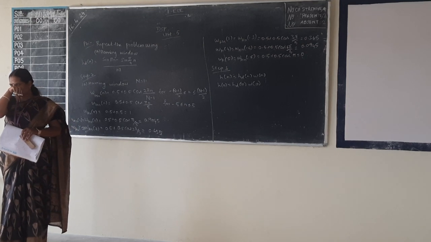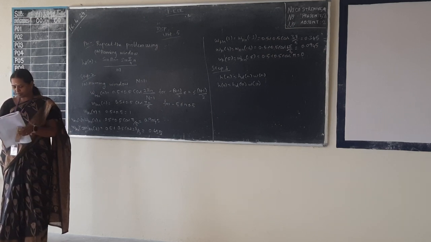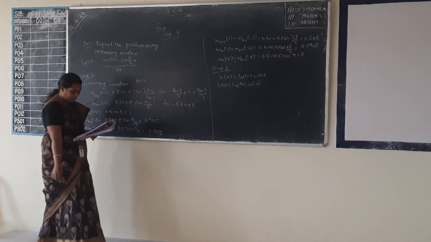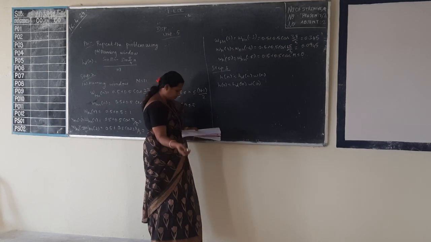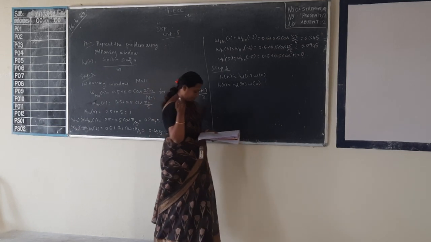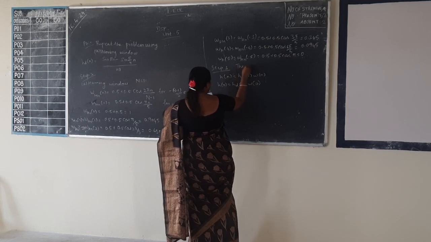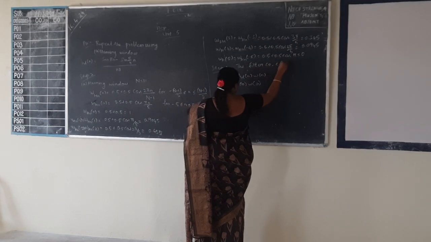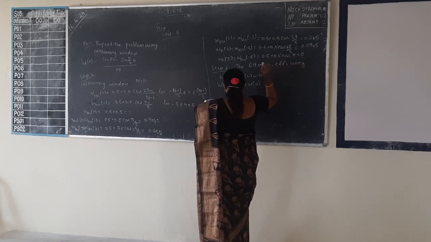Substitute those here and find the value. So step 3 is finding the filter coefficients by multiplying the window.